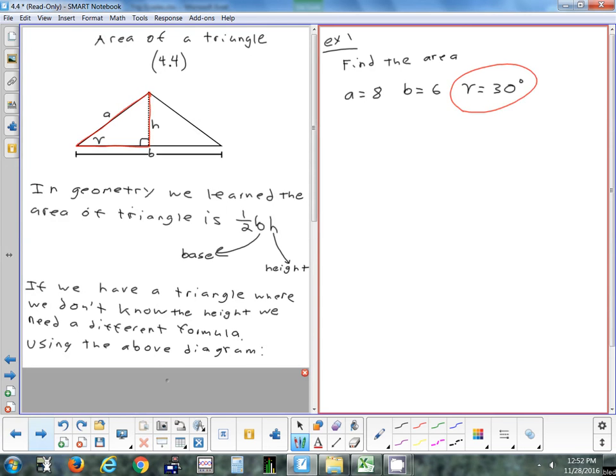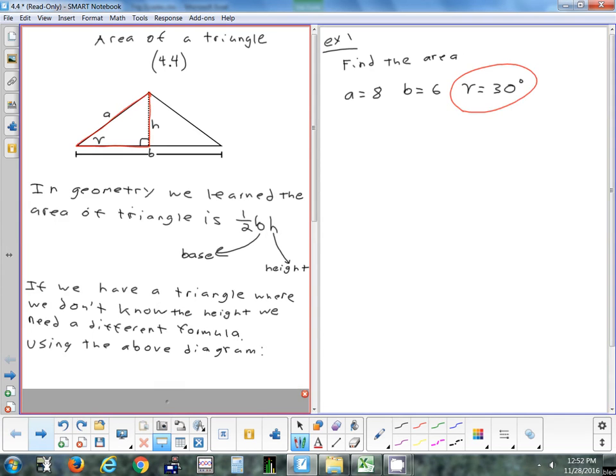Now I'm going to use that diagram I had up above to help me figure out a new formula. It's going to be based on the old formula. Only one thing is going to change. I'm going to keep the 1/2, I'm going to keep the B, I'm just going to change the H. All right, so let's look at example 1 and look at what they're giving you there and how we can use that to help us.